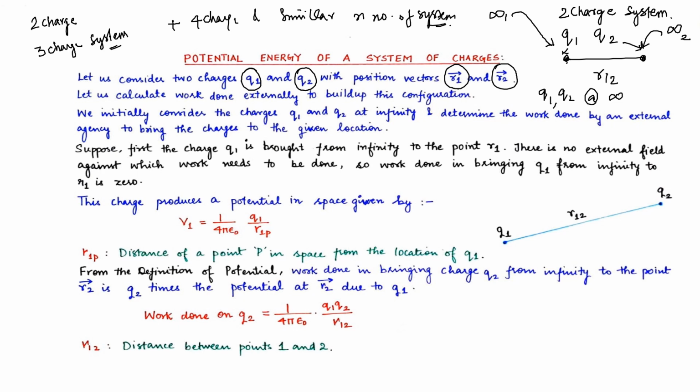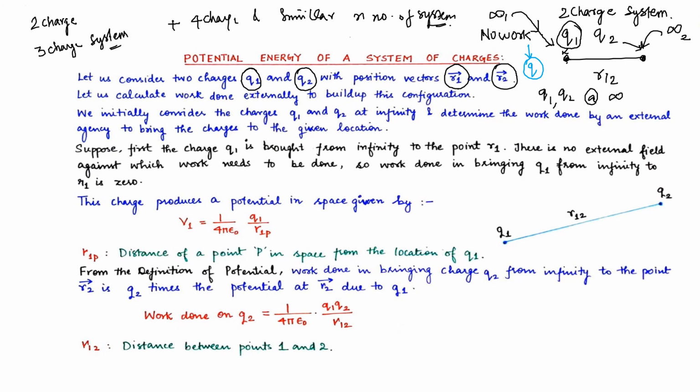So what happens here is that to bring charge Q1 from infinity to here, there is no work done. Why is there no work done? Because there is no charge present in this system. There is no resistance for movement of charge Q1.